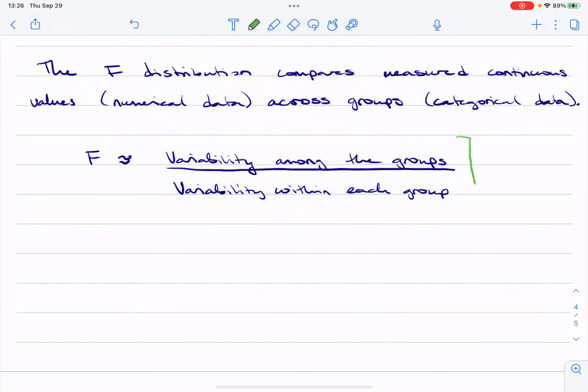And this is typically for an analysis of variance. That's where it comes from, right? Because all of a sudden I'm comparing the variability here against the variability here.